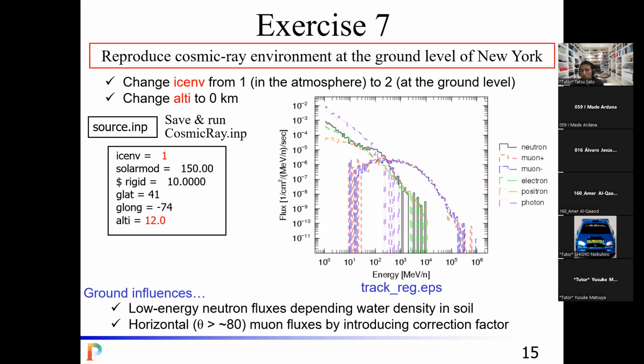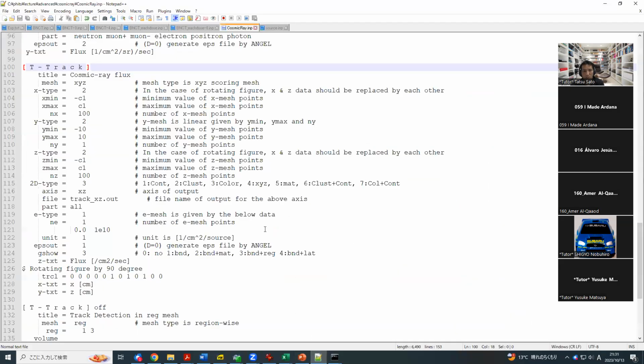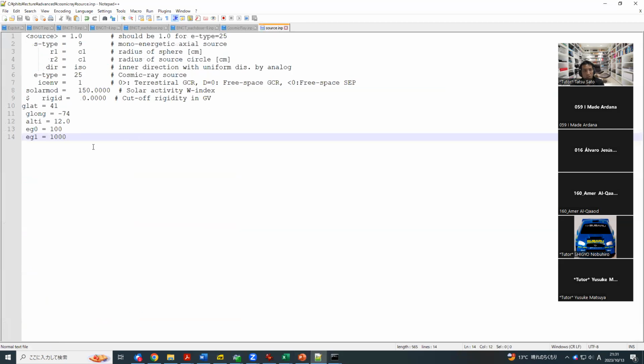Okay, so I think it's not so difficult a task.